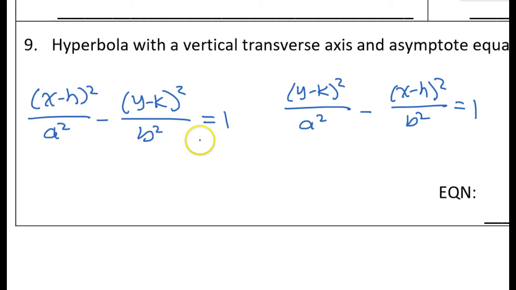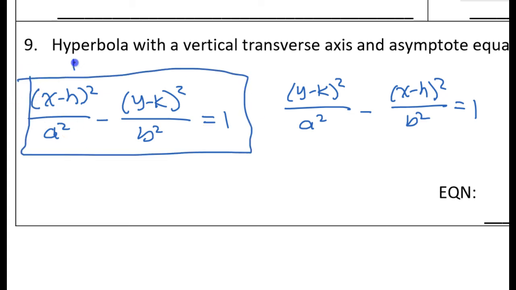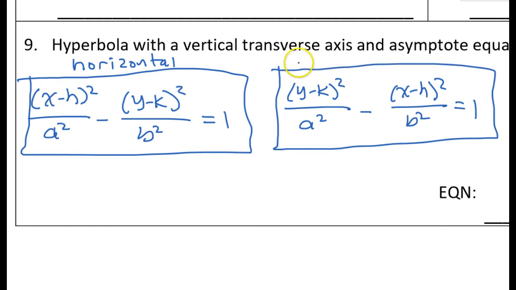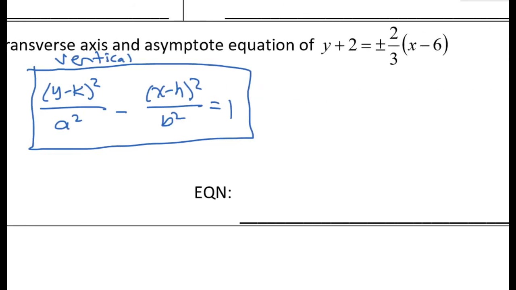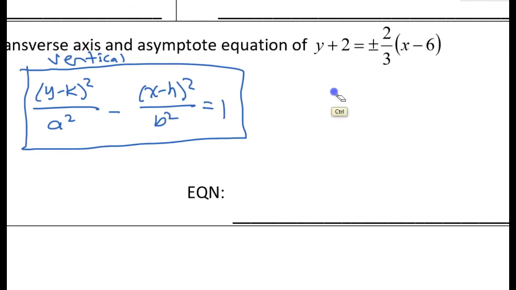The first one is the one that we use when we have a horizontal hyperbola, a horizontal transverse axis. This is the one that we use when you have a vertical transverse axis. So if it's vertical, the y term goes first. That's the first thing you have to understand, that your y term should definitely be first when you write this.